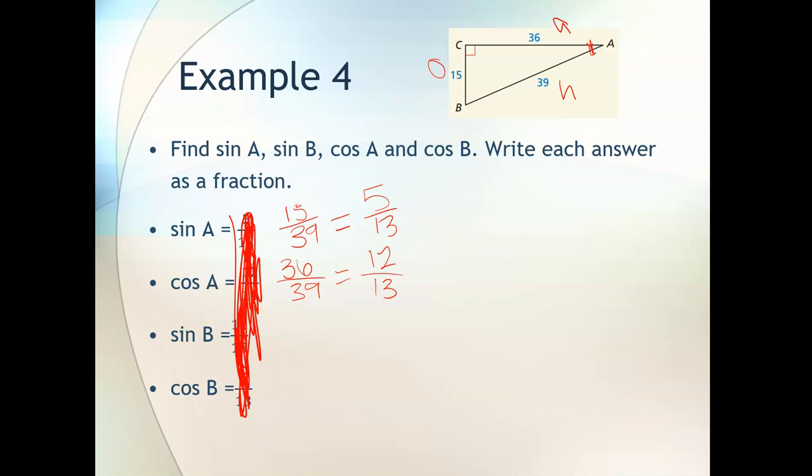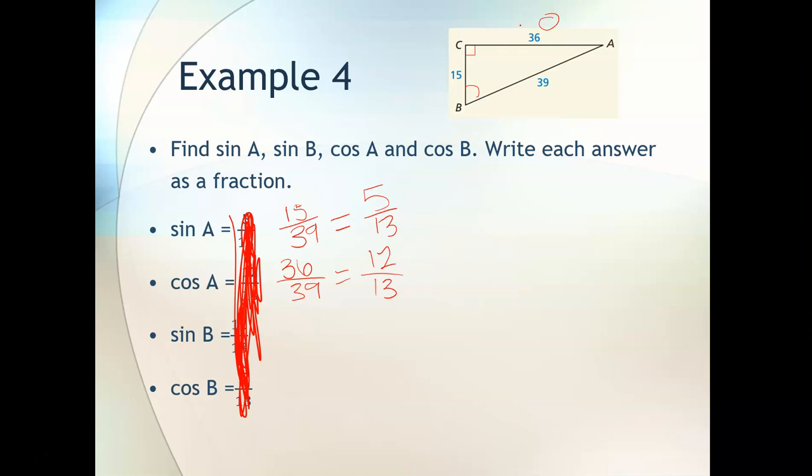Okay, then I am going to erase my notations on my triangle for B. Mark, watch your language. What is my opposite side for B? Opposite is always the one that doesn't touch the angle. So 36.